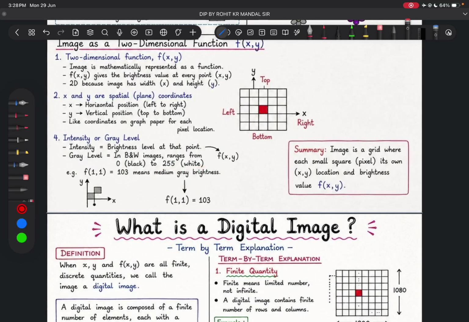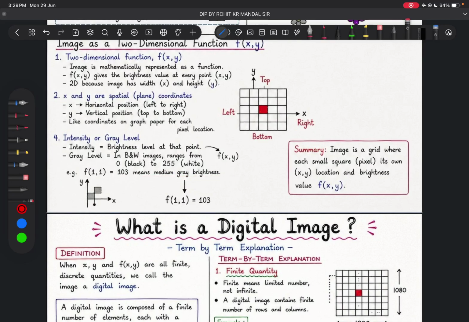Values between 0 and 255 represent different shades of gray. For example, we have f of 1 comma 1 equal to 103. This means that the pixel located at position 1 comma 1 has a brightness value of 103. It represents medium gray brightness.